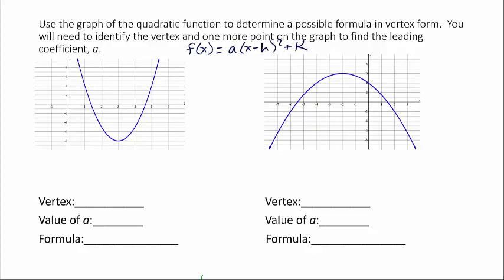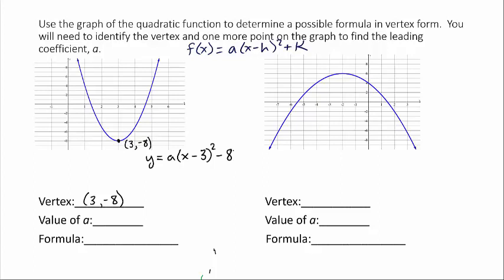In this first graph, the first thing I want to do is identify the vertex. So I'm going to put a little dot here, and what is that point? (3, negative 8). Okay, so if our vertex is (3, negative 8), what we know so far about the function, and I'm just going to use x's and y's here, y is equal to a times x minus 3 quantity squared minus 8, right?